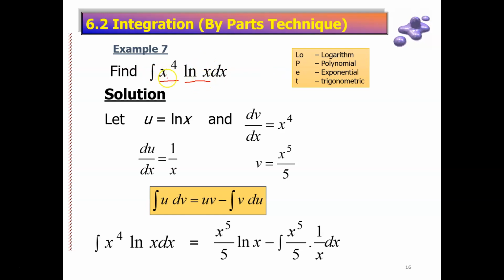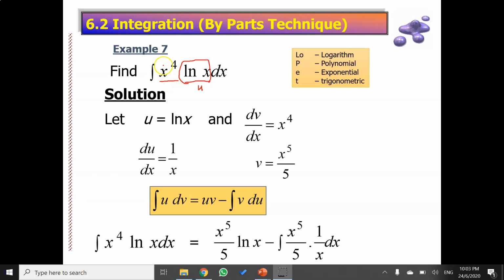This is polynomial and this is log. So of course we're going to choose this as our u. So ln x is our u. The remaining x to the power of 4 dx will become your dv.